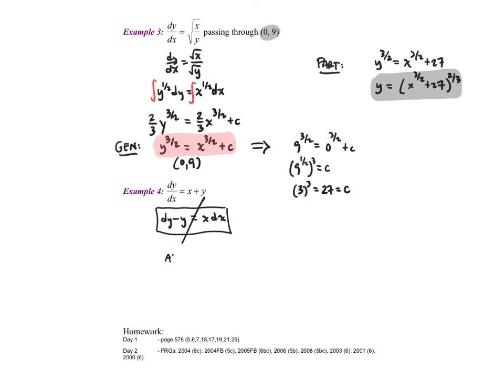There are advanced techniques that you'll learn in BC Calc and other classes potentially, which can work through the issues of the separation on this. It's basically a separation through substitution, but that's not covered in this course. So for the purposes of this course, we would say this is not separable.